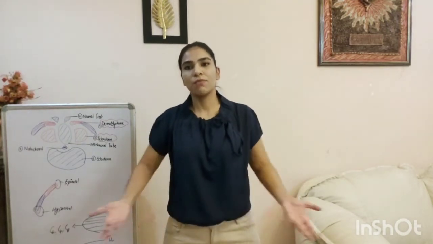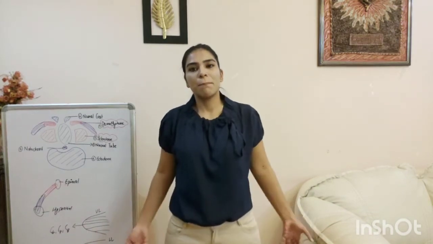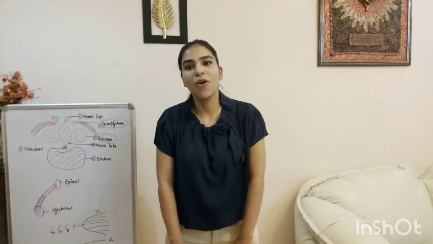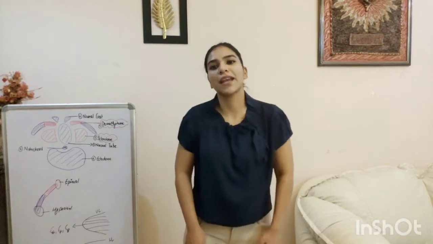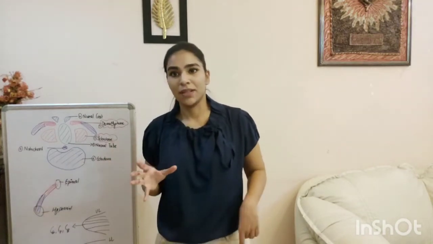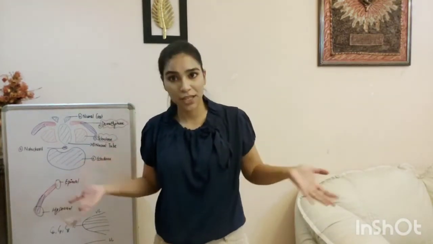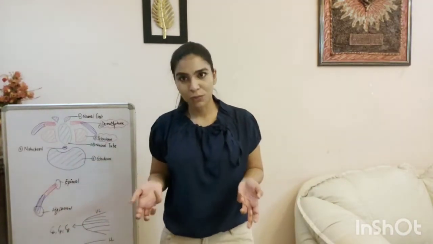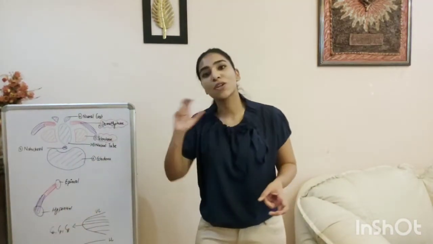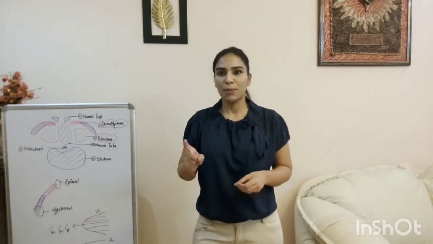What happened? From this position, when it turned like this, our extensors came from back to front. That is the reason why our extensors are in the front. So if something happens during this process of rotation, our biomechanics are going to be altered. The muscles are not going to be formed properly, and nerves are not going to supply properly.